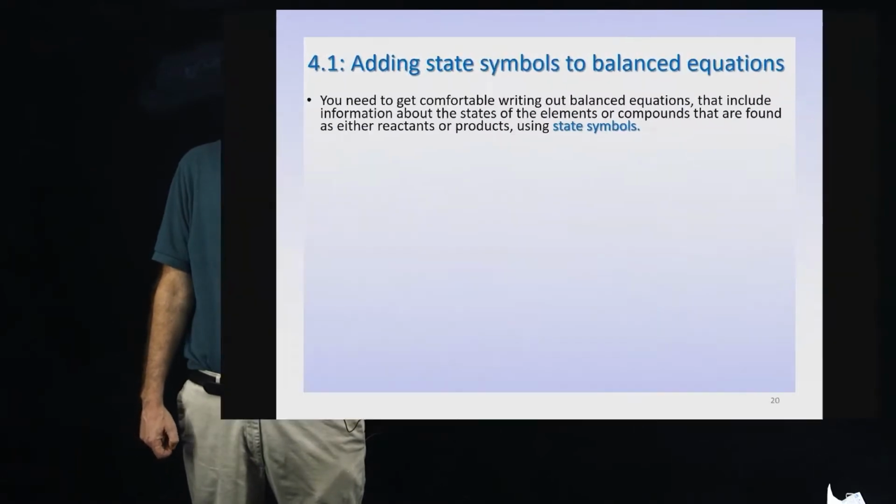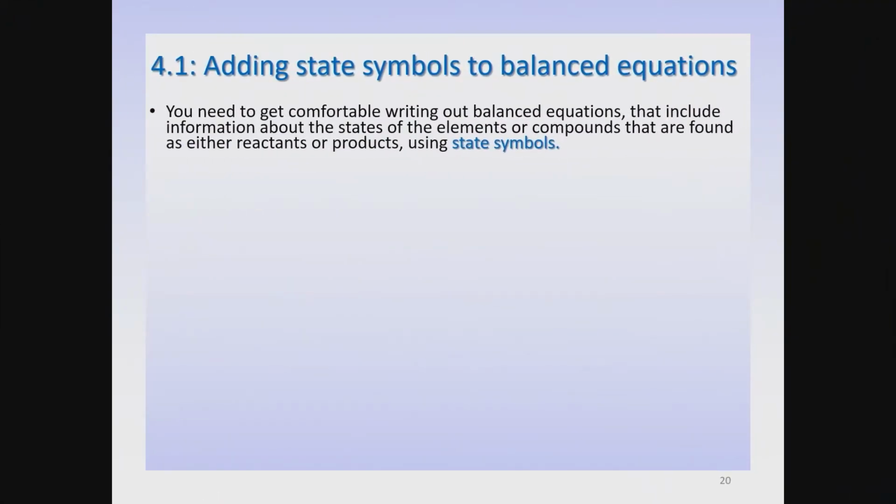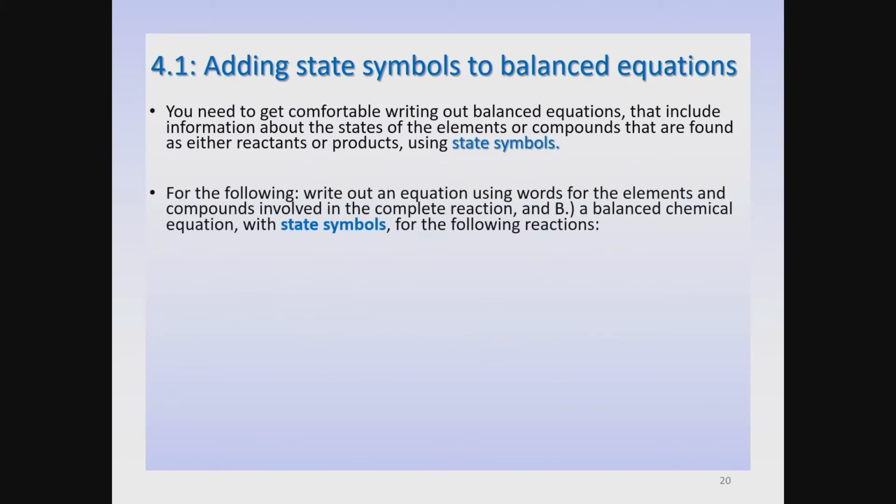Okay, so a lot of times you will have chemical equations, and then you'll have to include something called state symbols. I'm going to try to explain this in the context of actual chemical equations.